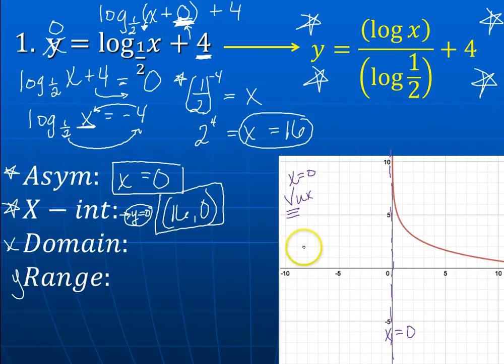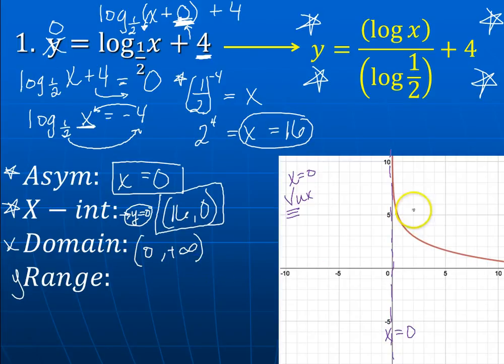So there's nothing over here on the left because I can't cross that asymptote. So where x-wise does my graph start? It starts right here at my asymptote. So it starts at 0, and then it's going to continue going to the right. So my domain is 0 to positive infinity.